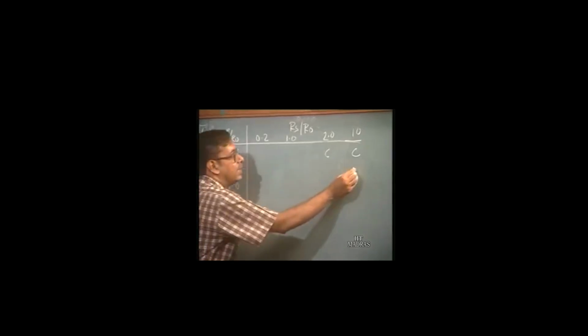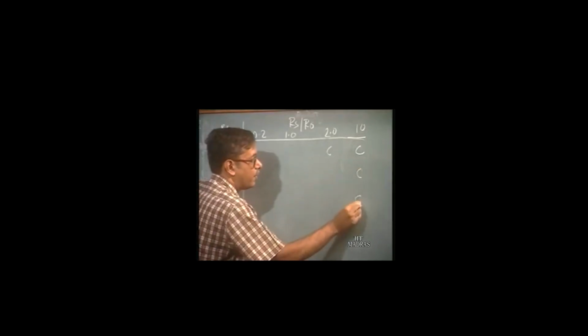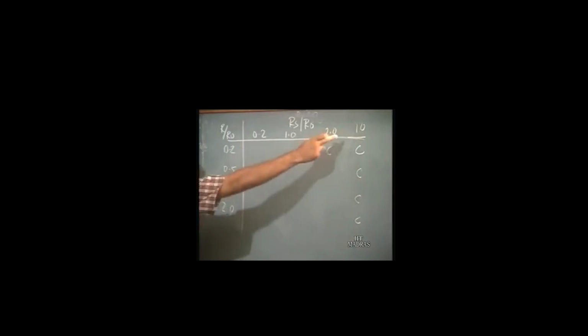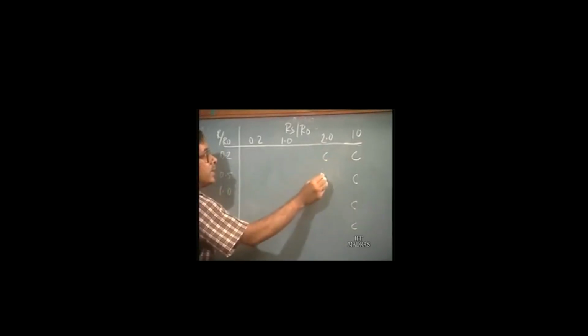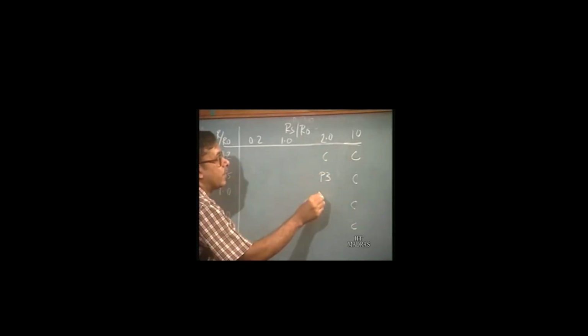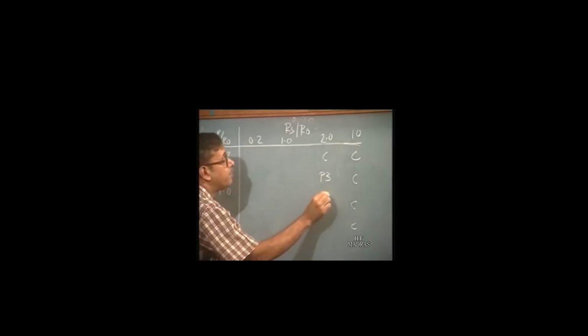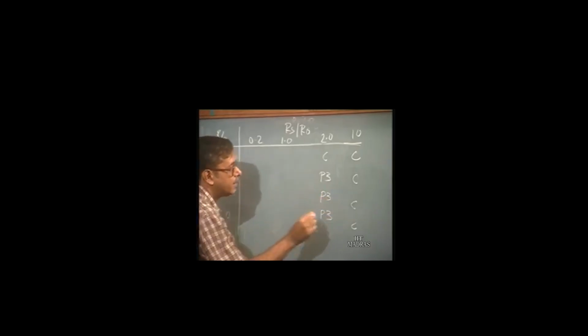That is, we in fact neglect the resistance of the line. So in all these situations, when Rs is very much greater than R naught, we can take only the capacitance of the line. But when Rs becomes comparable to R naught, we must take the P3 model, that is a 3-section pi model.